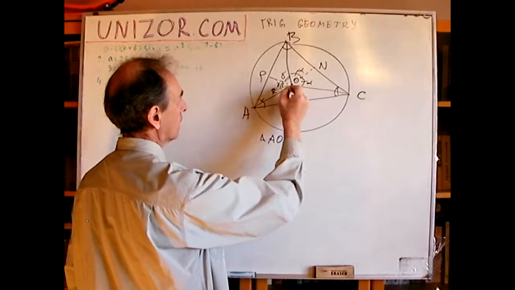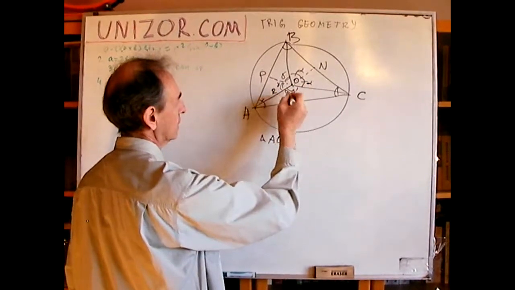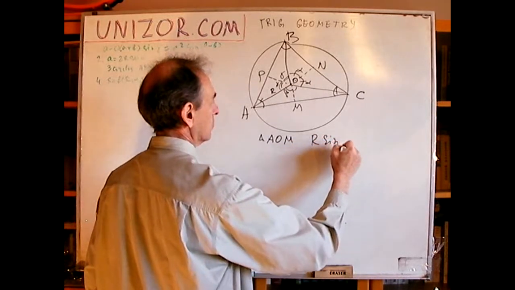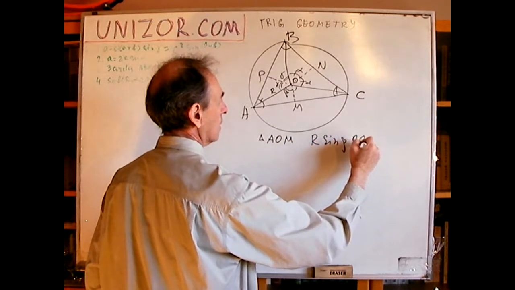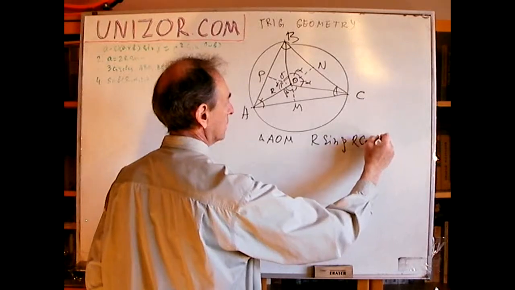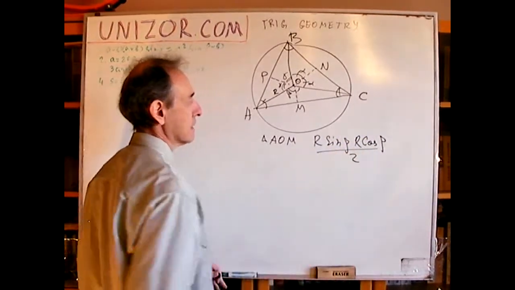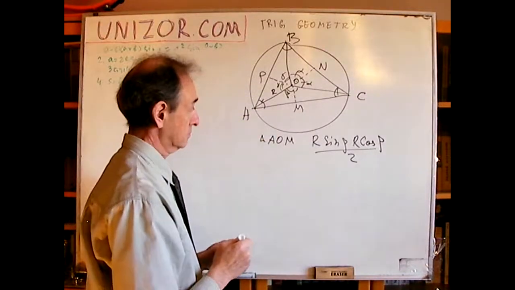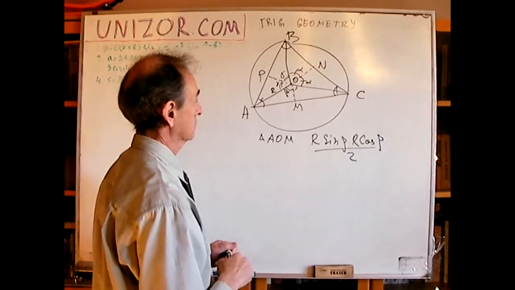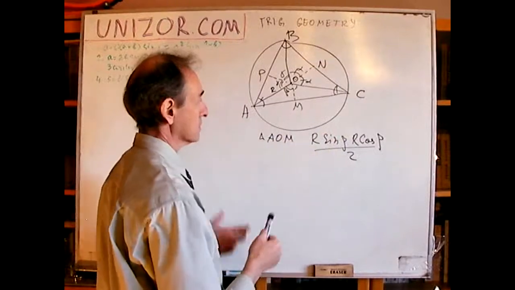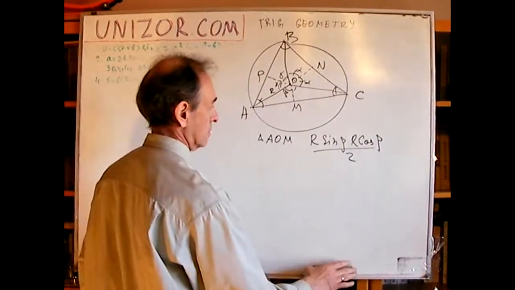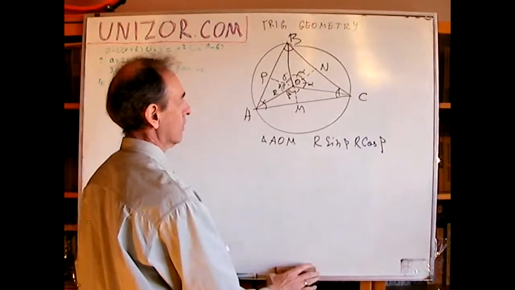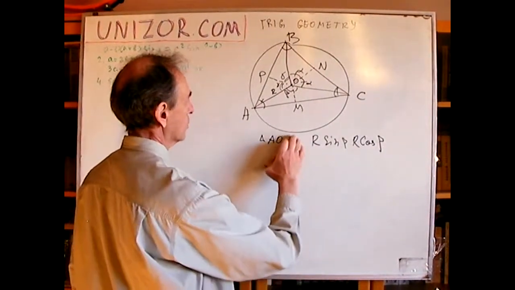If this is r, and this is beta, then one cathetus is r sine beta, another is r cosine beta, and divided by 2. That's the area of one triangle, right? Now, the area of the other triangle is exactly the same. So both of them together, this is AOC now, have this area, right?